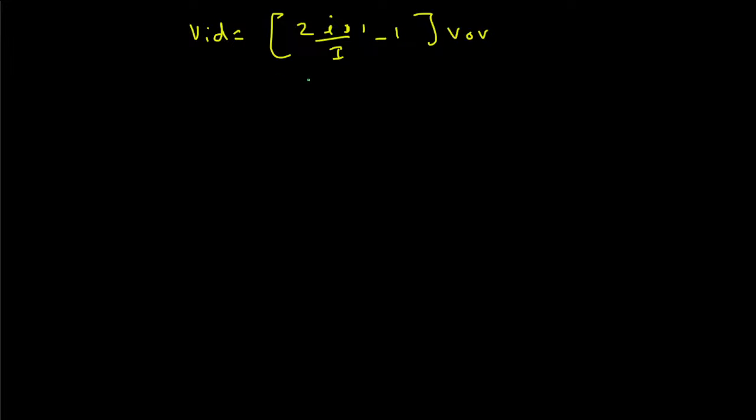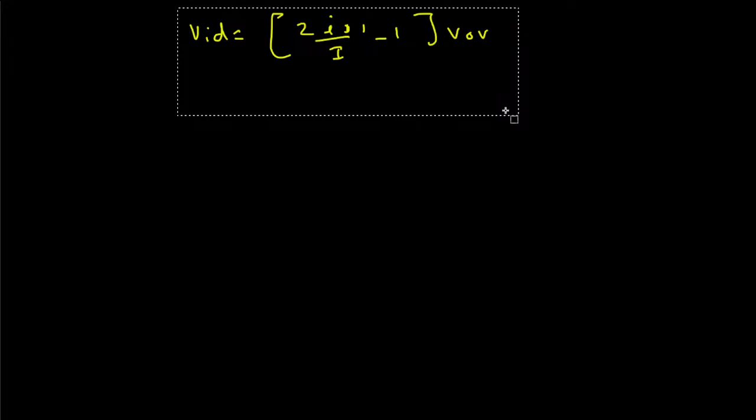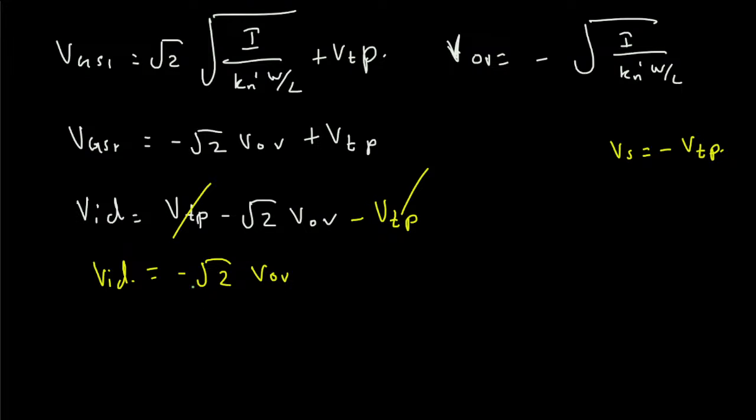So this is the equation you will use if you have different current flows, like there's a current flow but different values. So these are the different situations. If it's equal, that's going to be 0. If it's different, you use this. If one of them is cut off, then this is the one you end up deriving: VID is equal to negative square root of 2 VOV.